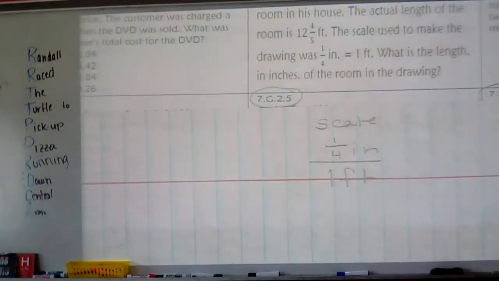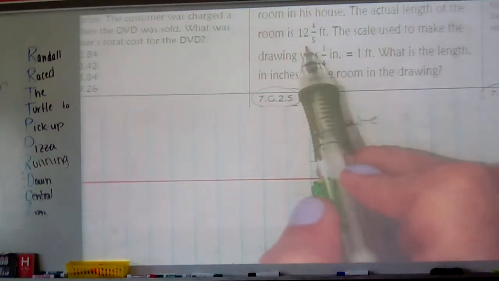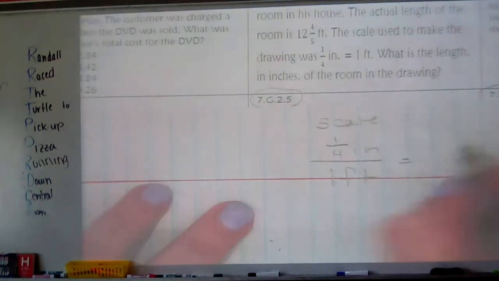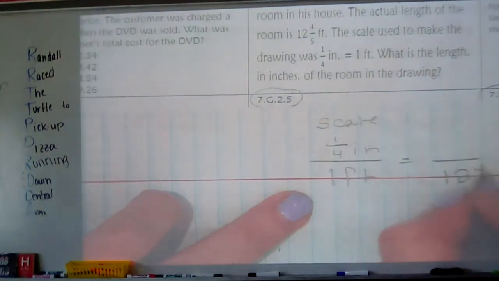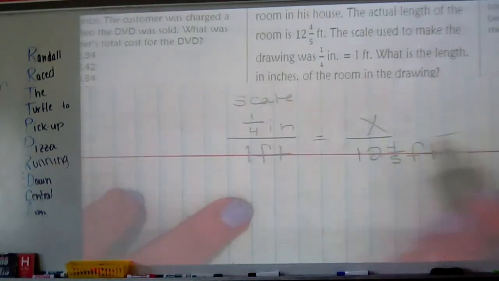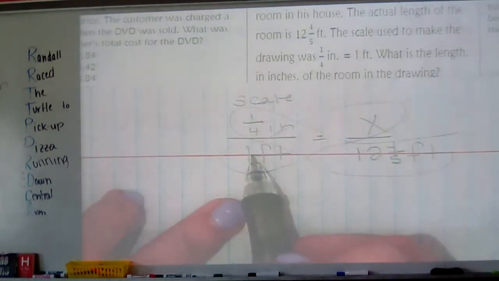We need to find the length of the room in the drawing. So they gave me the length of the actual room. When I set up my proportion, I want to make sure my feet are in the denominator with the feet of my scale, and I don't know how many inches. This is when we will do the cross circle, multiply, and divide.